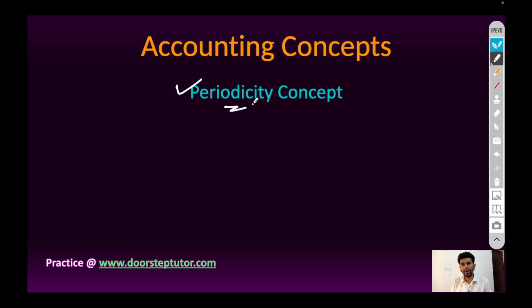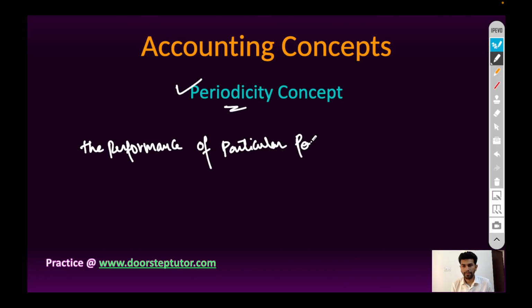The accounts are recorded and maintained for a particular period, that is accounting year or financial year, to know about the performance of that particular period. Performance means profit and loss information. It helps to identify profit and loss for a particular period and also to compare the performance and financial position of different periods.